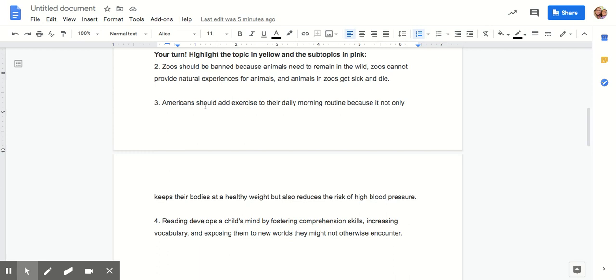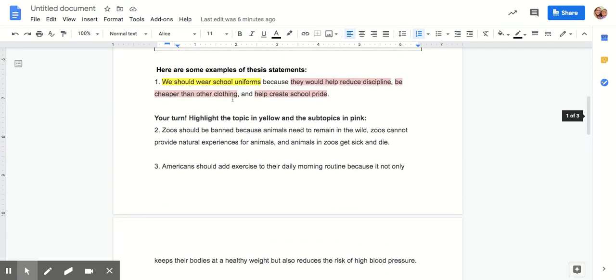So what you are going to do is highlight the topic of this thesis statement, all 3 of them, in yellow. And then please highlight the subtopics in pink. And the way you do that is you highlight. So I'm going to go ahead and do it here, if you forgot how to highlight.